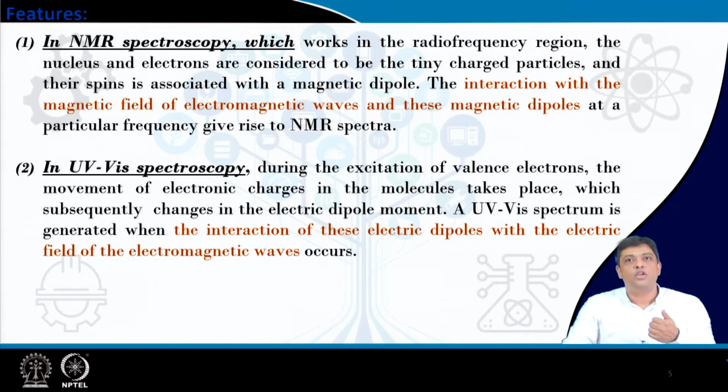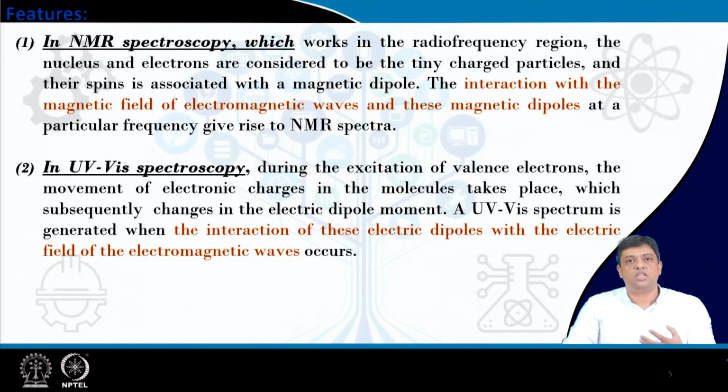In NMR, you are talking about the interaction of the magnetic field of the electromagnetic waves with the magnetic dipoles present in a material, and in UV-Vis you talk about the interaction of electric dipoles with the electric field of the electromagnetic waves incident on the material.